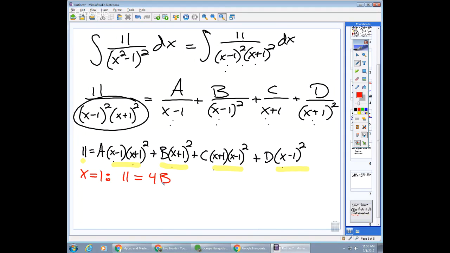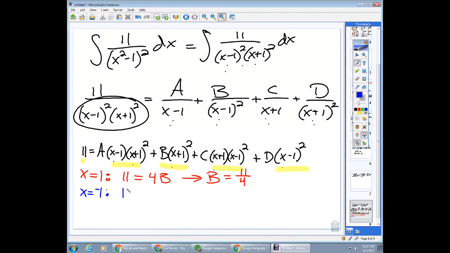So now I know what B is. B is equal to 11/4. So the hardest thing about this is the algebra and the arithmetic. The first time I did this problem, I wrote 4/11 by mistake. So everything else went to heck. Oops. So be careful.